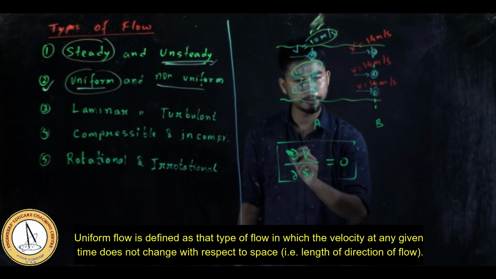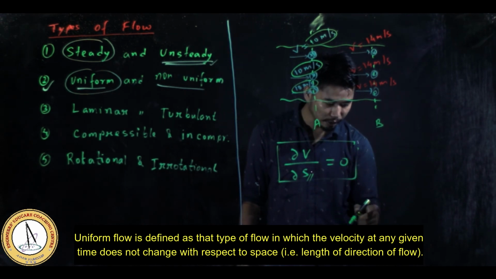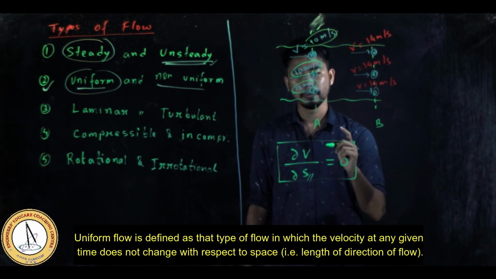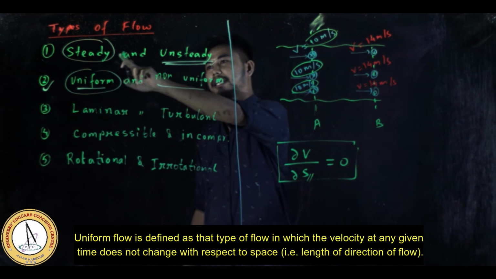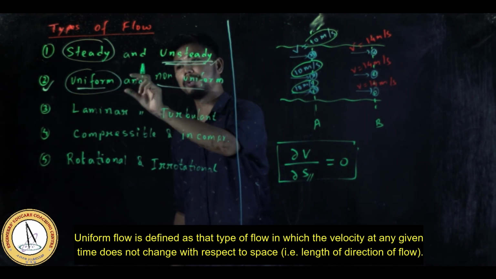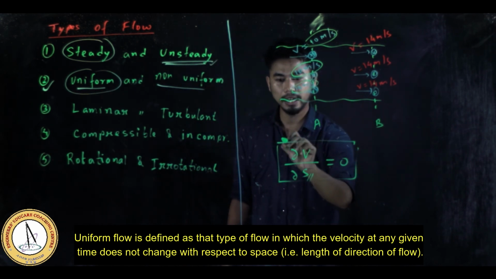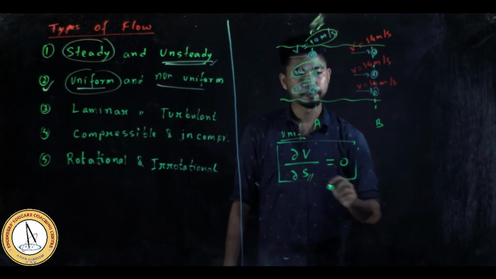It is with respect to space. Remember, what is the meaning of space? That is the length along the direction of the flow. So remember, steady is measured with respect to time. Uniform and non-uniform are measured with respect to space. So this is the mathematical expression for uniform flow.